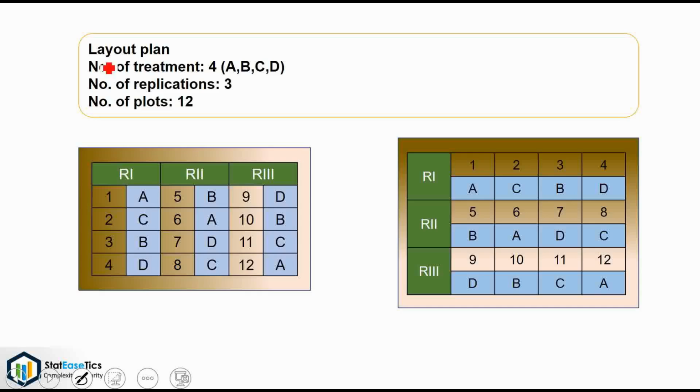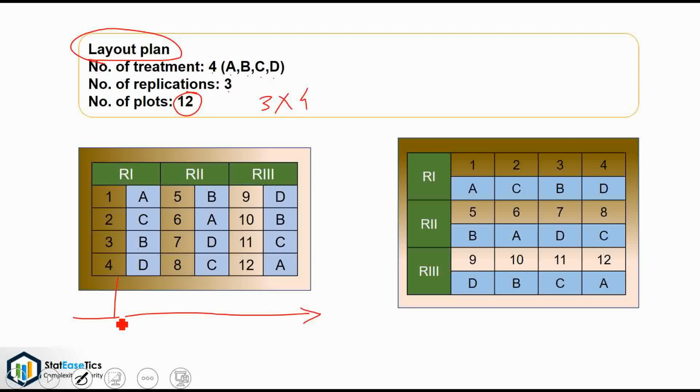Let's see the layout plan for randomized block design. Here we have 4 treatments, namely A, B, C and D, and 3 replications. Thus, there will be 3 cross 4, that is 12 plots. In the first case, the fertility gradient is in horizontal direction.